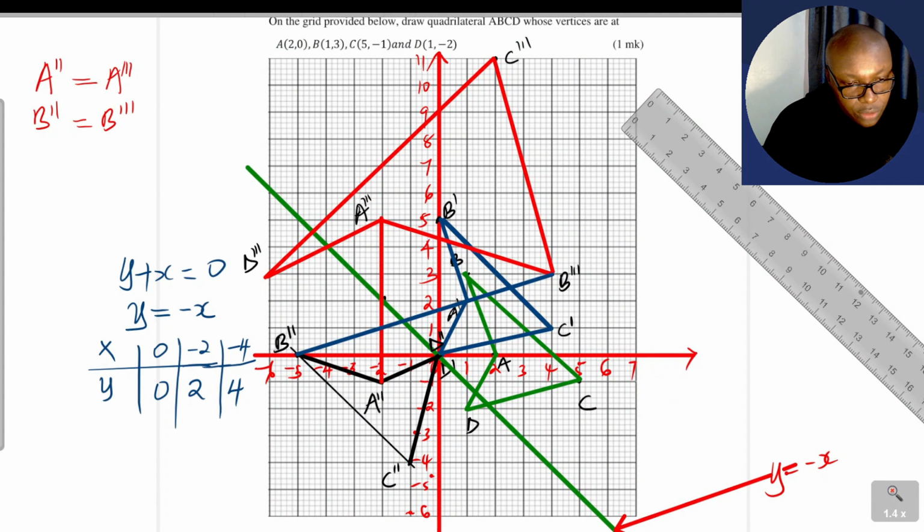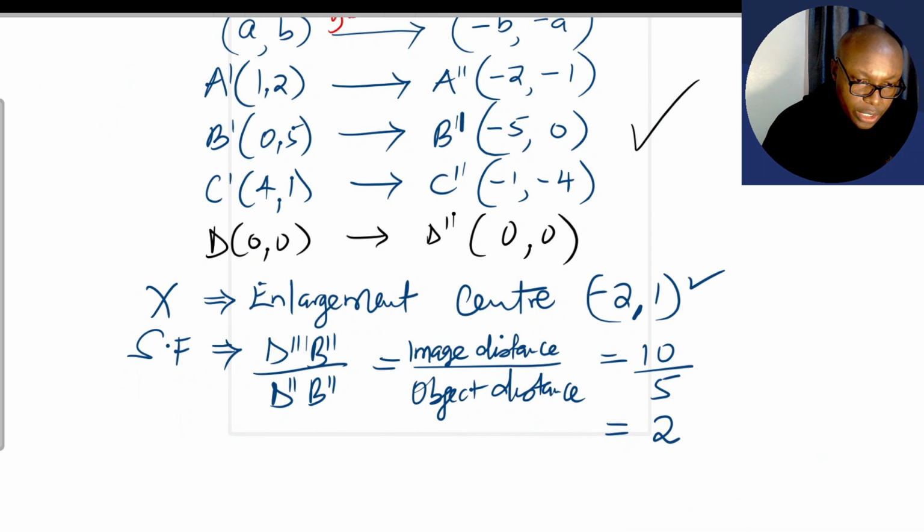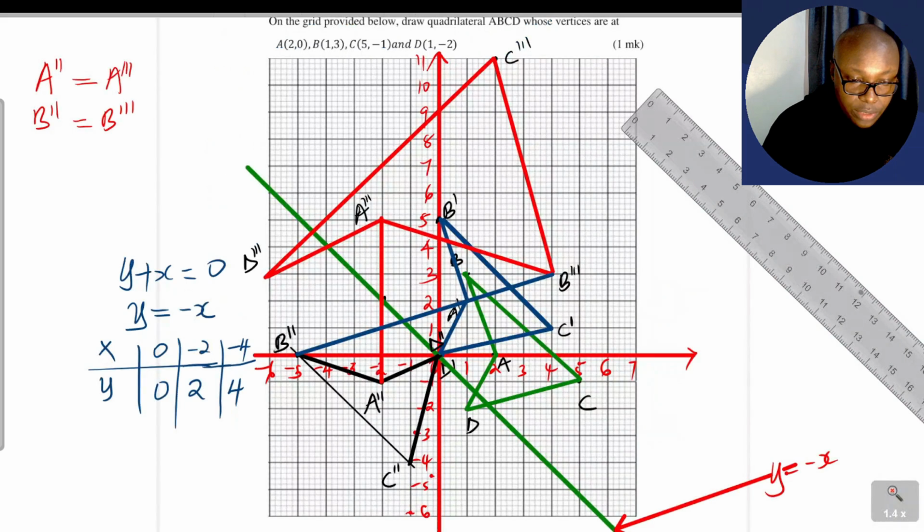Now, another thing you need to check when you talk of enlargement: enlargement is either positive or negative. We are not yet through. When you look at the object and the image, and you look at the center of enlargement, the object and the image are on opposite sides of the center of enlargement.